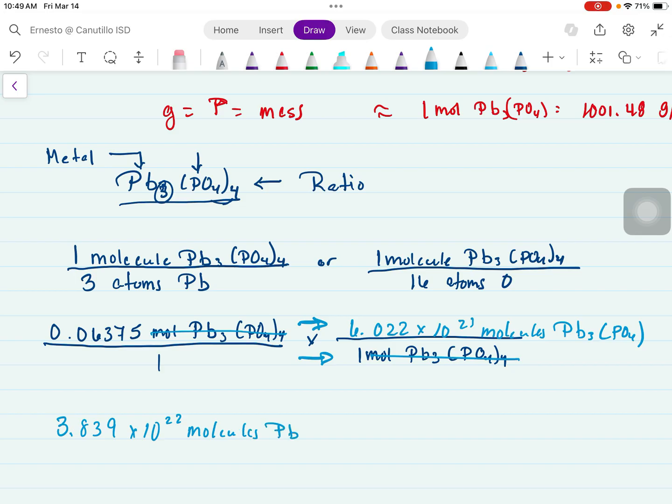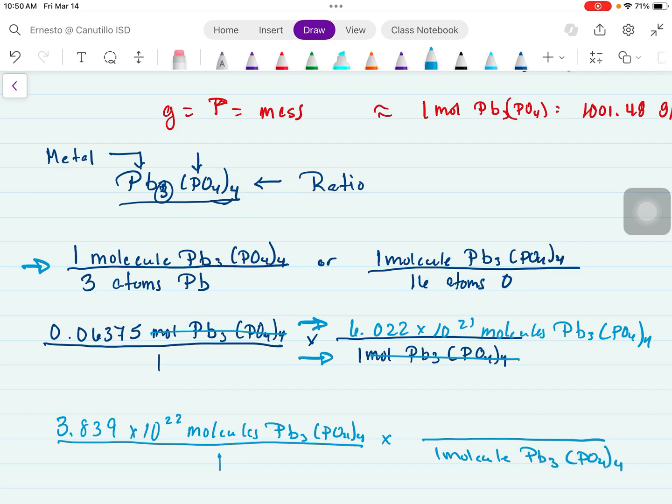of lead 4-phosphate. Now, once we have the molecules, then we multiply by the mole ratio we just figured out, and we calculate the number of atoms. I know that in 1 molecule, and yes, I keep writing it out, that contains 3 atoms of lead.